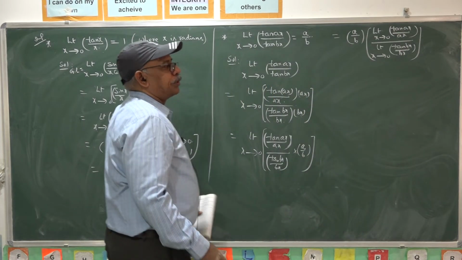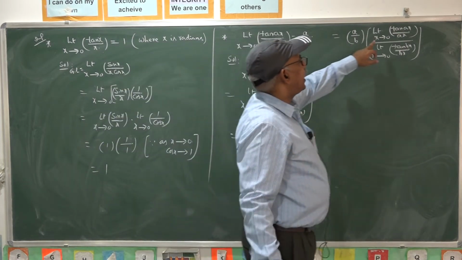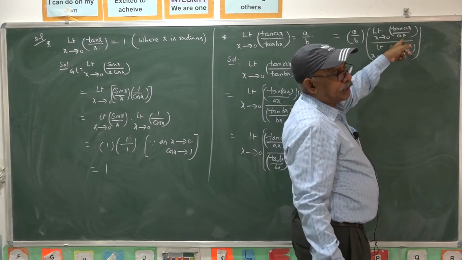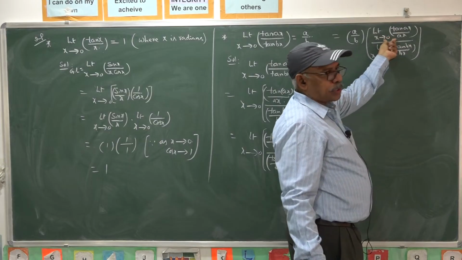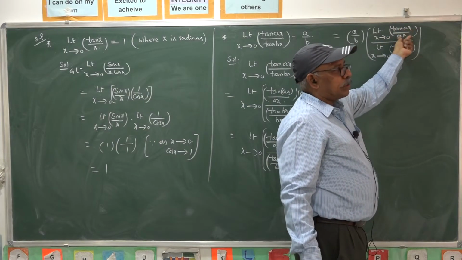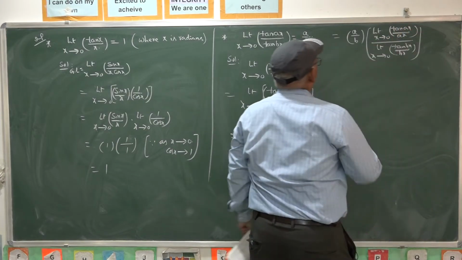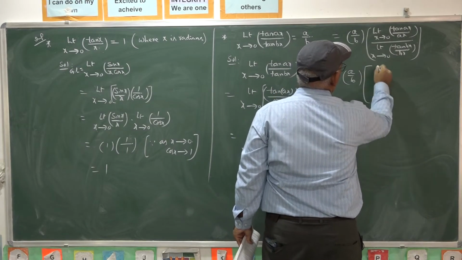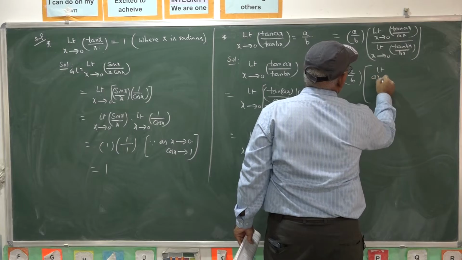Here x goes to 0 is the same as ax goes to 0, because as x is approaching 0, ax is also approaching 0. So instead of taking x goes to 0, you can take it as ax goes to 0.